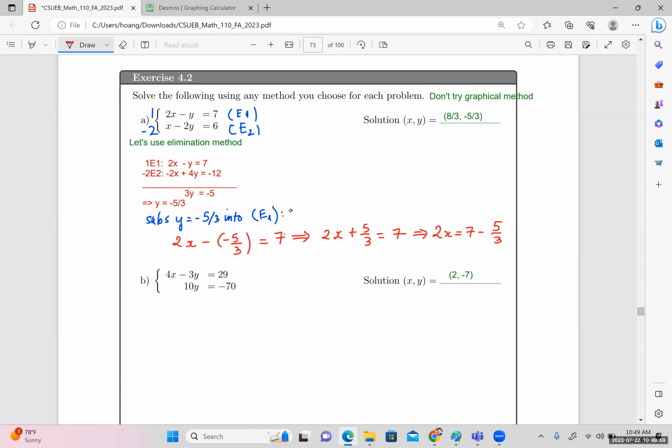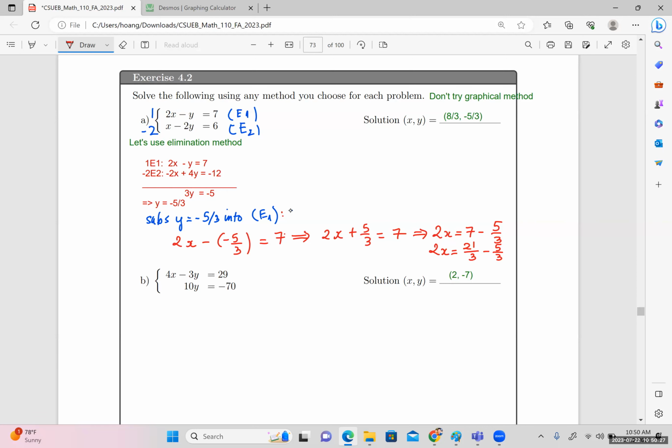You can convert the 7 there to have the same denominator as 5/3. So what does that mean? 2x equal to 21/3 minus 5/3, right? 7 is 21/3. Right now I have the same denominators.